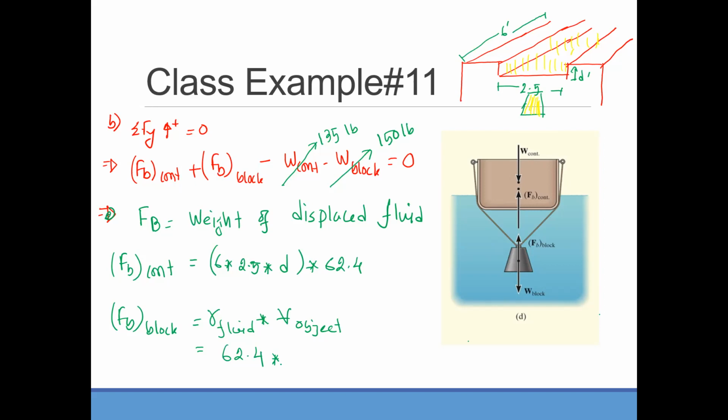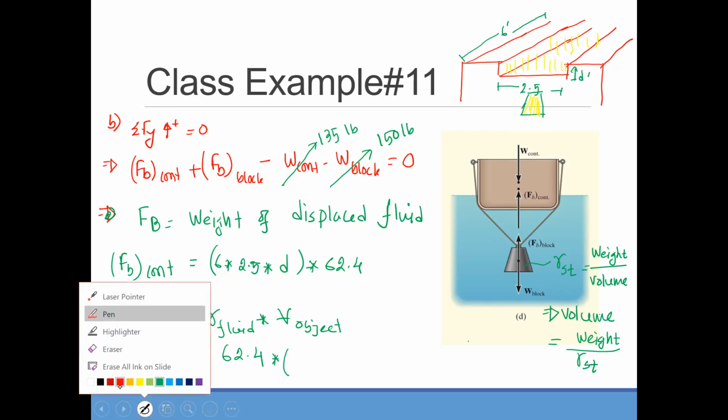In the question, they give the gamma of steel, which is weight over volume, so from here we can calculate the volume, which is weight over gamma steel.